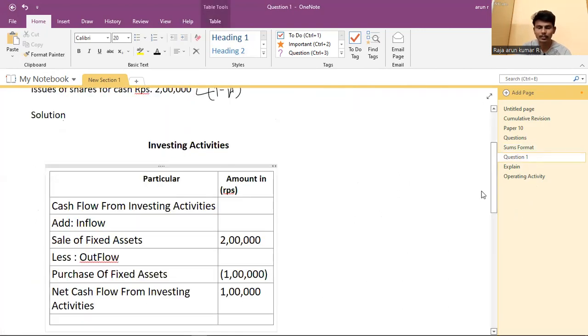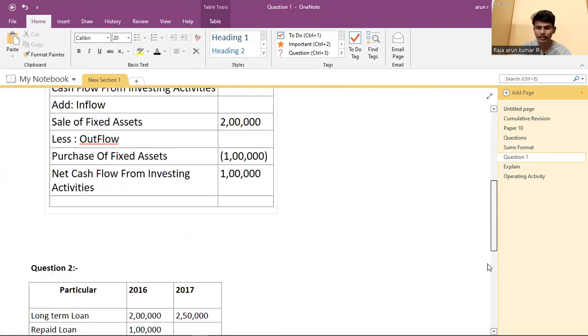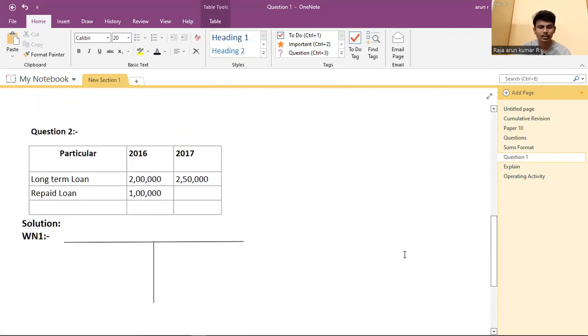Okay, we will see an example sum for financing activity also. Here they give long-term loans and repayment of loan for two years, 2016 and 2017. In 2016 the long-term loan was 2 lakh, and in 2017 it was 2,50,000.